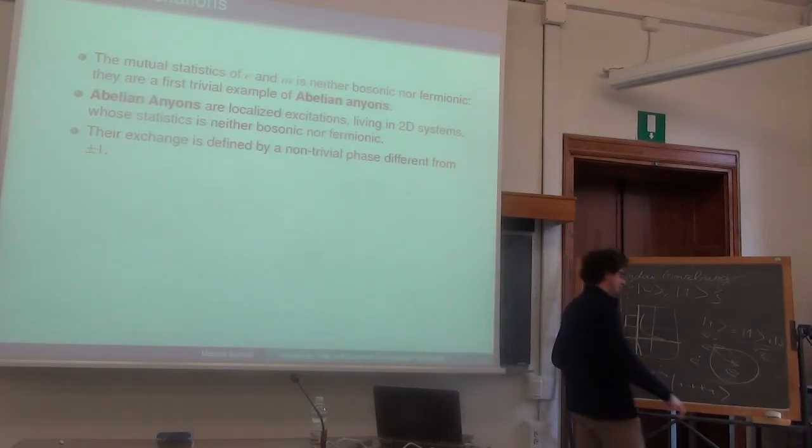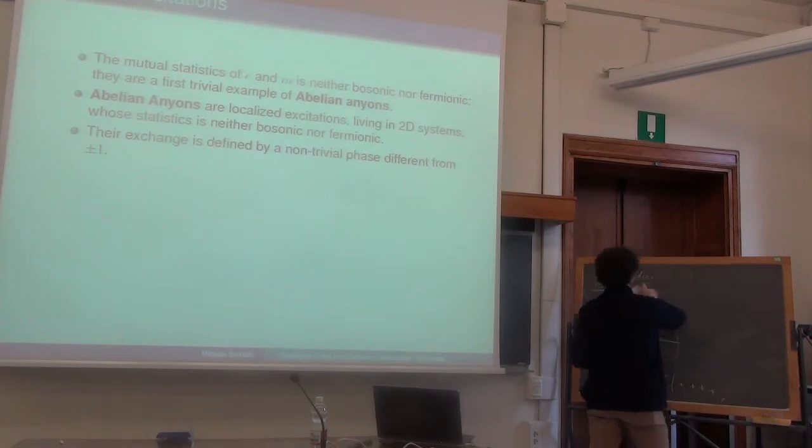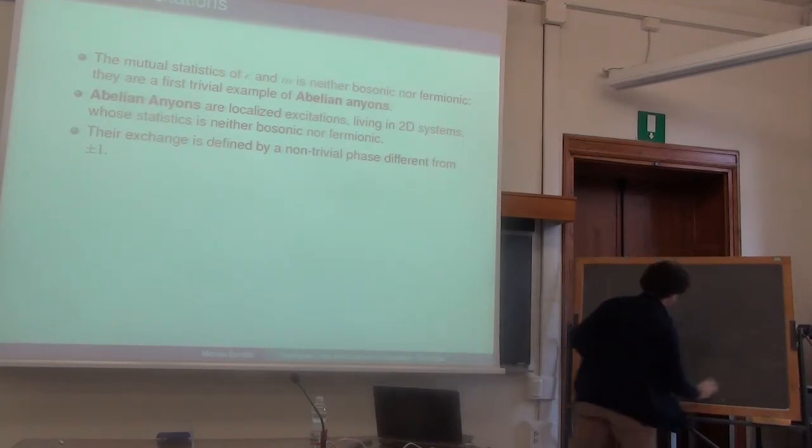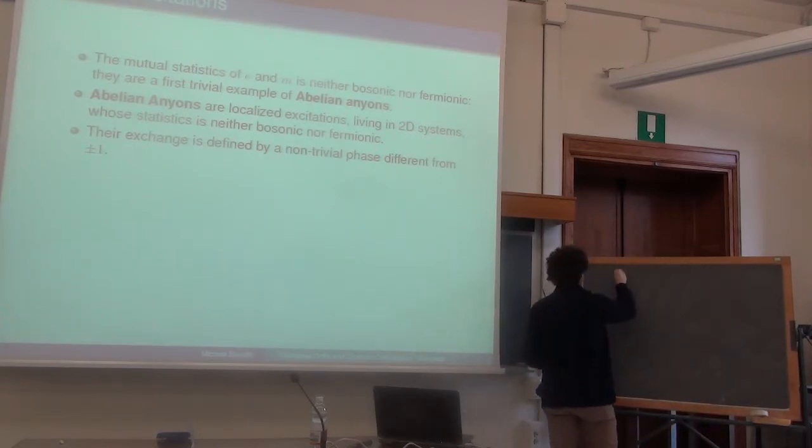And in this case, we have 4 topological charges. One corresponds to the ground state, so there is an identity sector which is always present in all the anyonic models, and it corresponds to the vacuum.